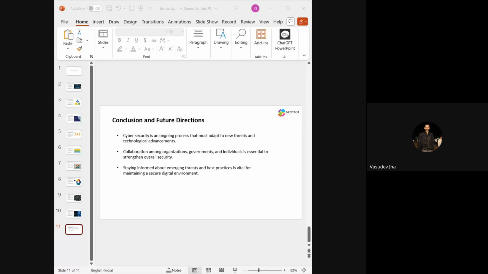Then we have: what is the difference between DOS and DDoS? DOS stands for denial of service, where we are sending a number of packets from one machine to another machine.